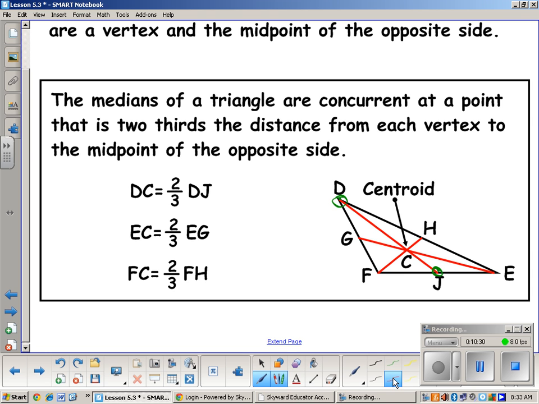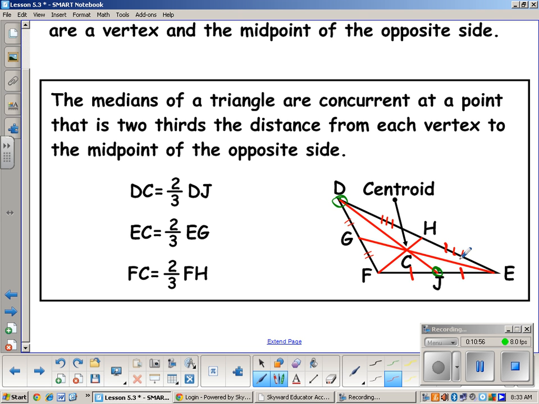And so I probably should have marked that like that to indicate that J is actually the midpoint. And since G is the midpoint, I should probably do this. And H is a midpoint, so I should probably do this. Okay? So H, J, and G are all midpoints of these sides of the triangle.